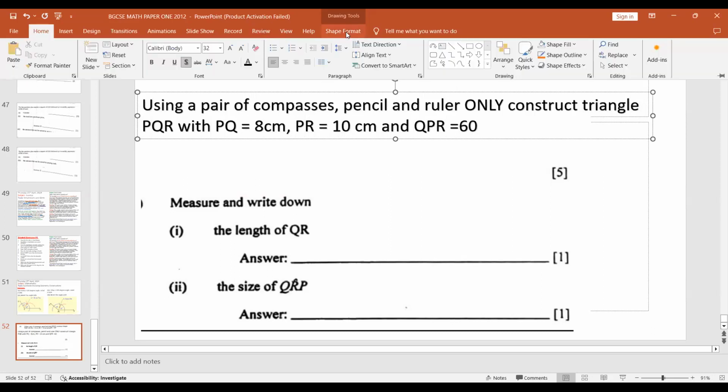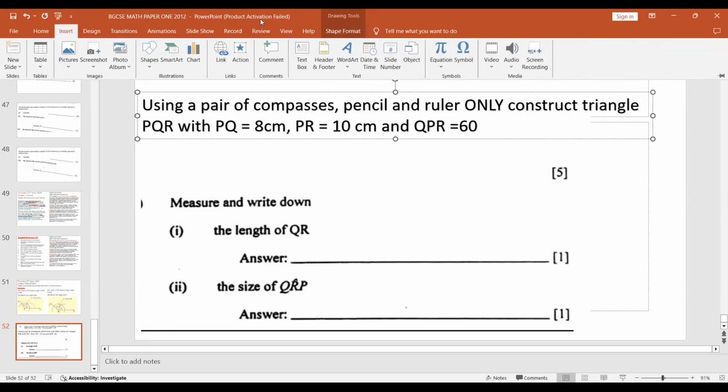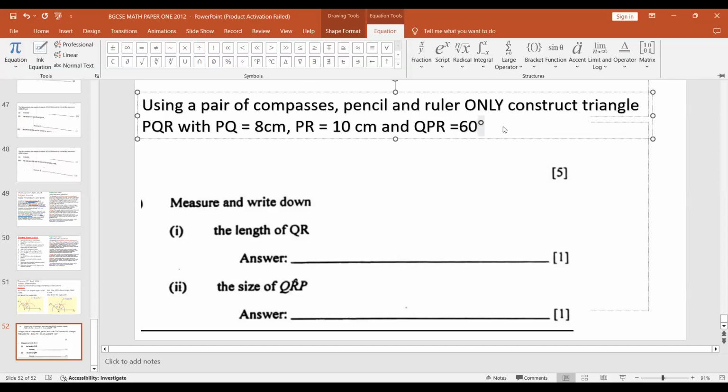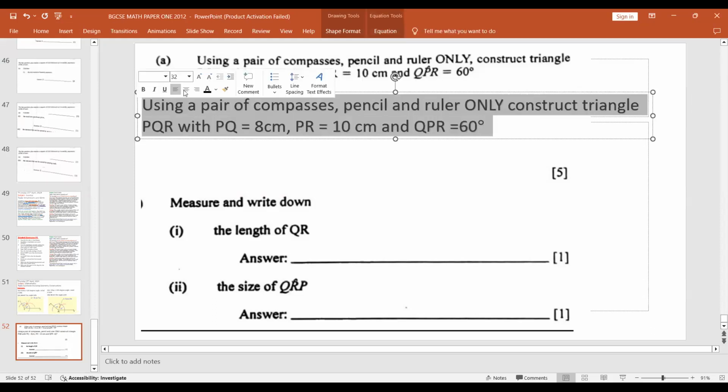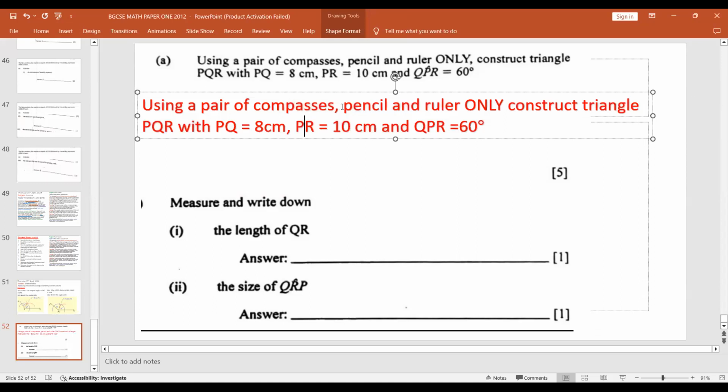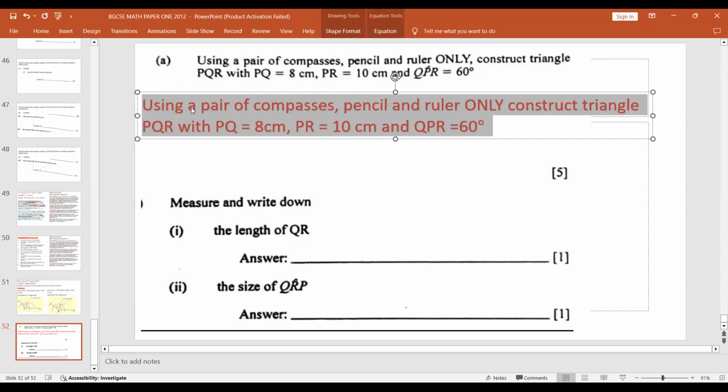So write that down for me so we could be able to start. All right, so let's go ahead and do that.